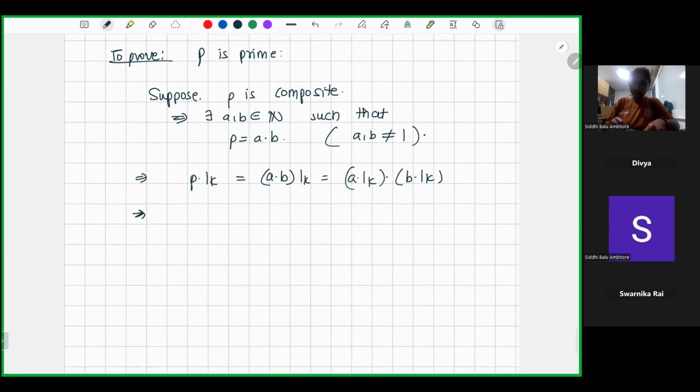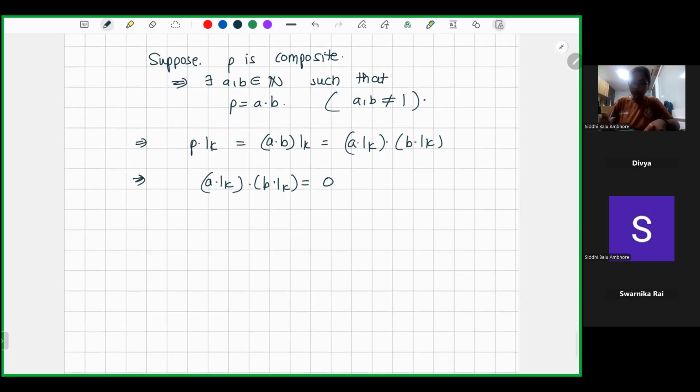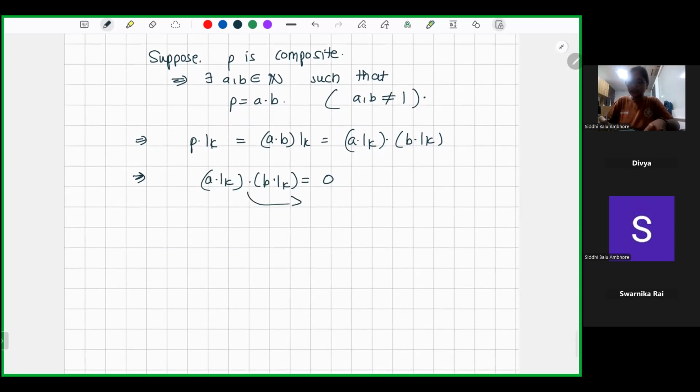Okay, and this A1K into B1K is 0 now. And note that this is multiplication in a field. So this implies that if the product of two elements is 0 in the field, then one of them must be equal to 0: A1K is 0 or B1K is 0.